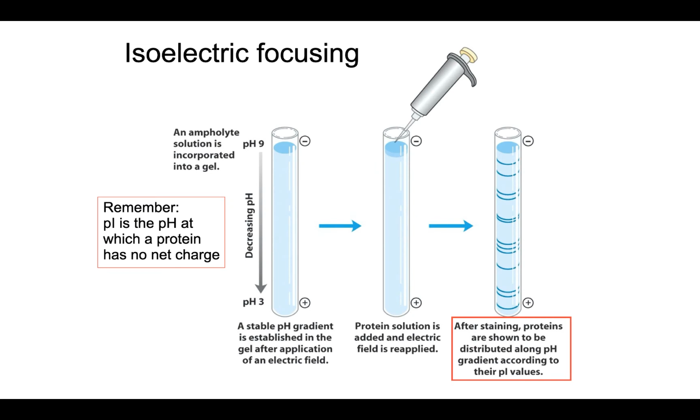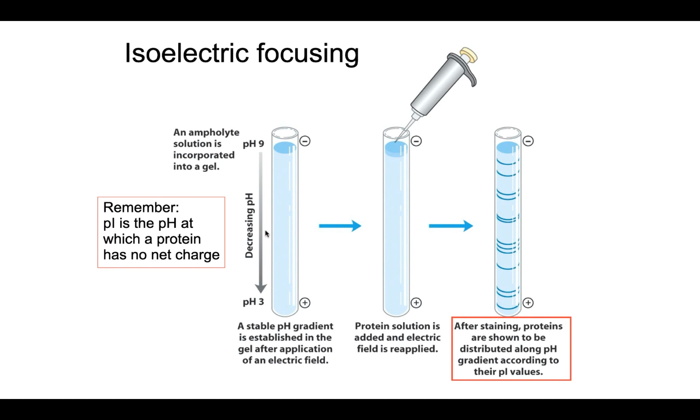Now, we can separate proteins a different way. Instead of separating our sample of proteins by size, we can separate them by their isoelectric point. Remember, the isoelectric point, the pI, is the pH at which a protein has no net charge.